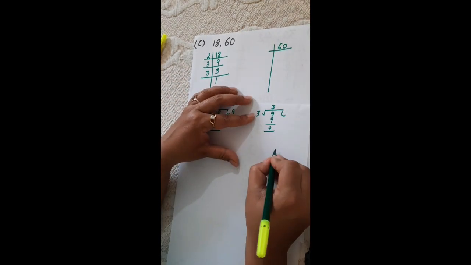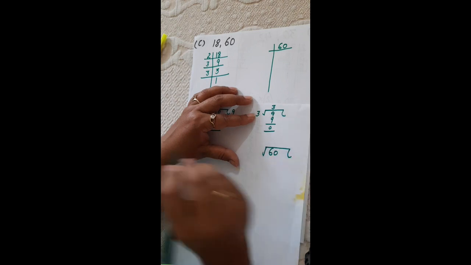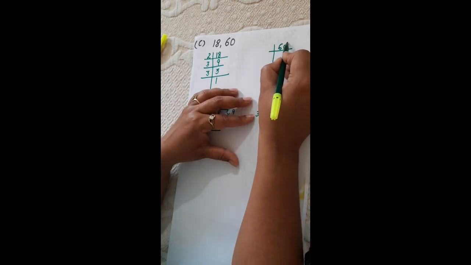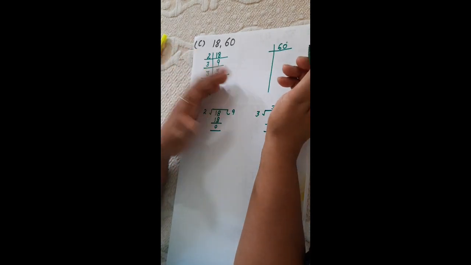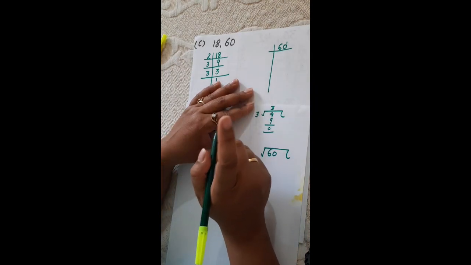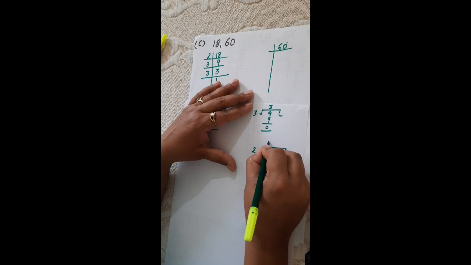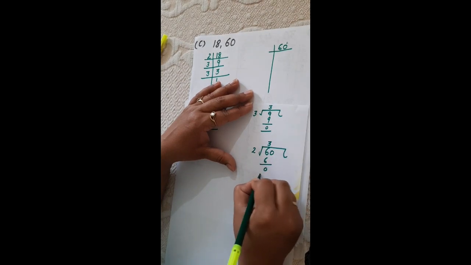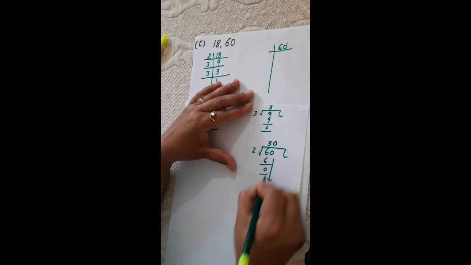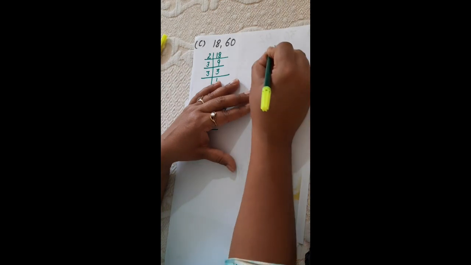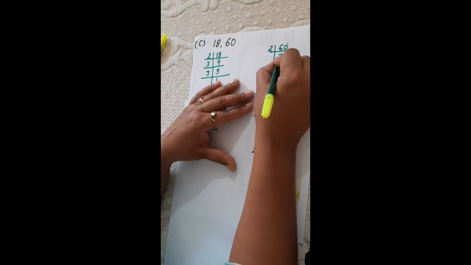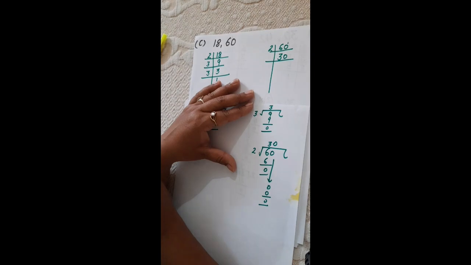So we have 60. As we did in the divisibility rules, here the unit digit is 0, so it is clear it is divisible by 2. And prime factorization always starts from the smallest number. Here we have 2 threes are 6, then 2 zeros are 0. So after dividing 60 by 2, I am left with 30.